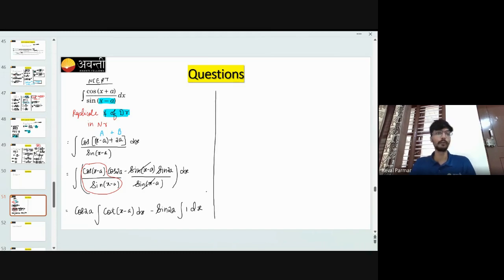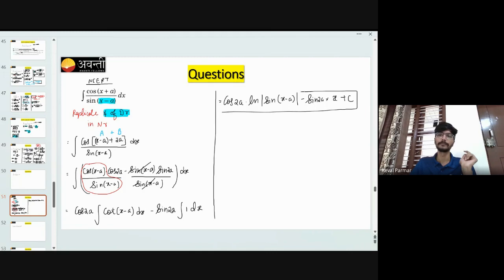So what I'll get: integration of cot is ln mod sin, so cos 2a into ln mod sin(x minus a), minus sin 2a into the integration of 1, which is x, plus c. This is my answer.